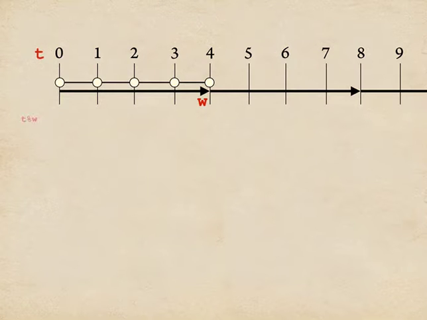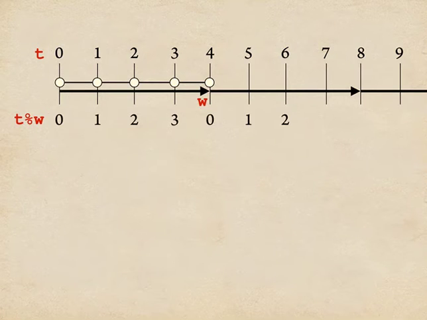I'm going to find t mod w. Remember what mod does. In this expression, it says take w out of t as many times as you can while t still remains 0 or greater. In this case, t goes from 0 to 9, and of course beyond, although we're not drawing it, and w has the value 4.